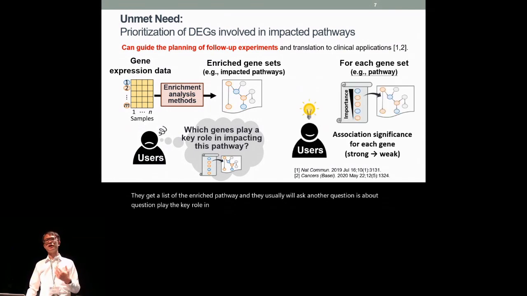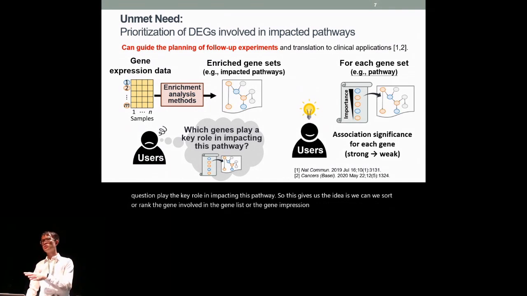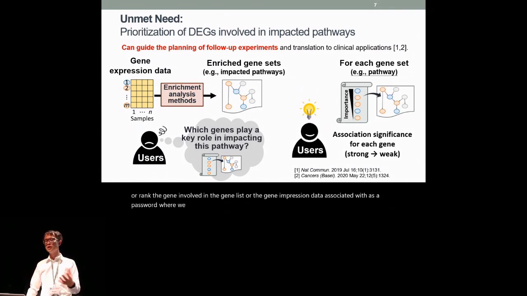This gives us the idea: can we sort or rank the genes in the gene list, or the gene expression data associated with a pathway, based on their importance, to help biologists or users guide the planning of following experiments?